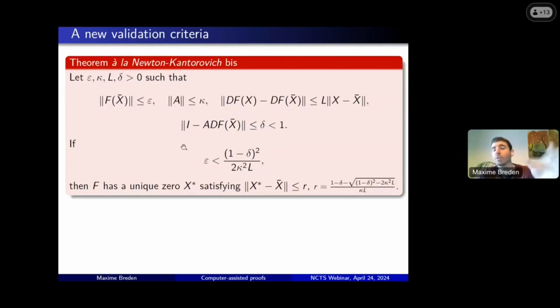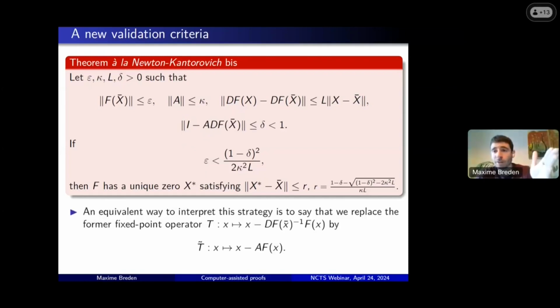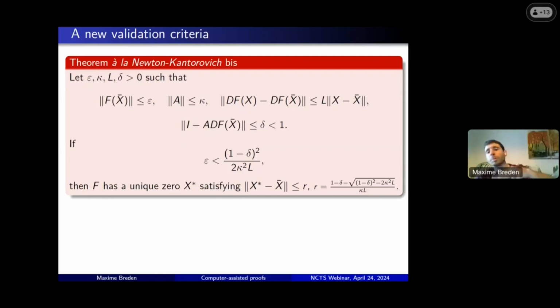But it can be that in the finite dimensional part already, A is in fact super ill conditioned, and then what this would tell you is that you're probably close to maybe a bifurcation, right? If I go back to my bifurcation diagram, and I try to apply the computer-assisted proof very, very close to bifurcation points, then it will fail.